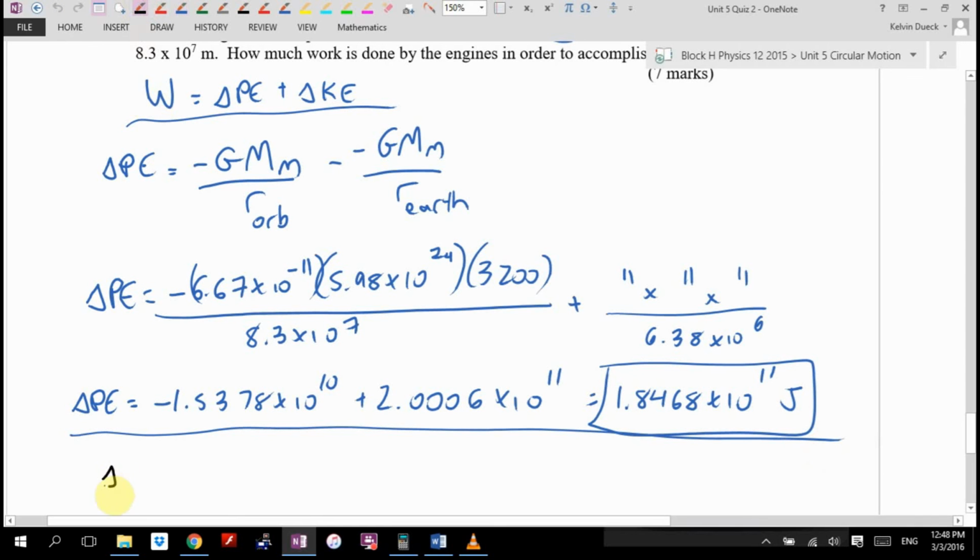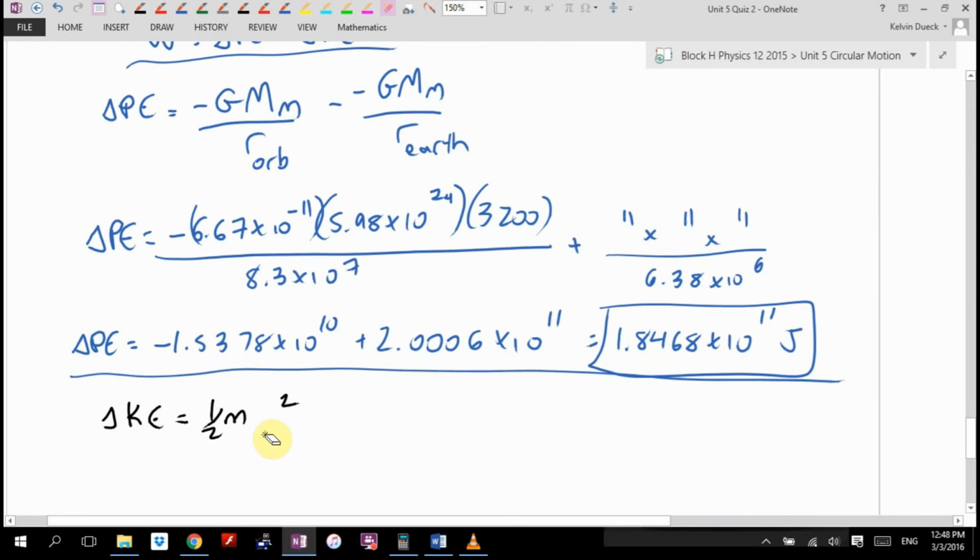How much do I need to stay up there? It's going to be a half m v final squared. I think it said starts at rest, so my initial kinetic energy is 0. In fact, this v final is going to be v orb. Did they tell me what my orbital speed is? No?